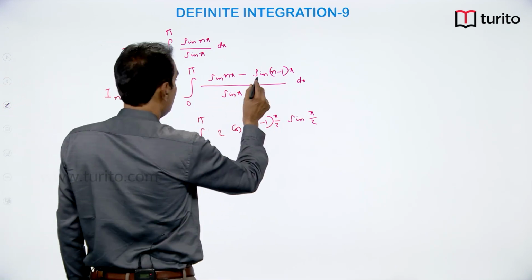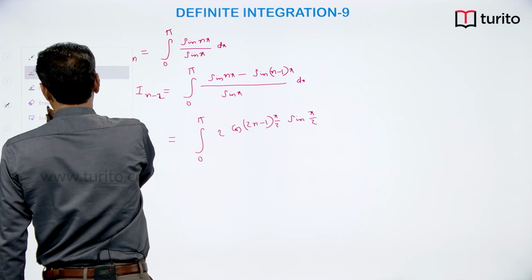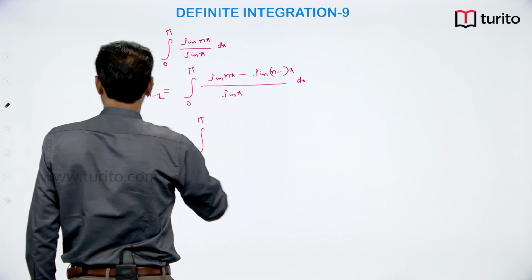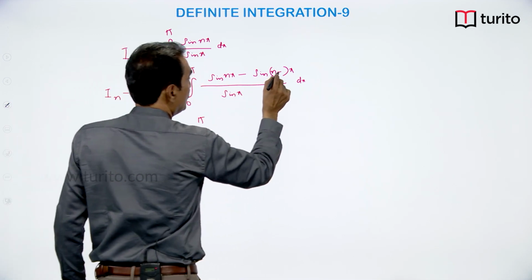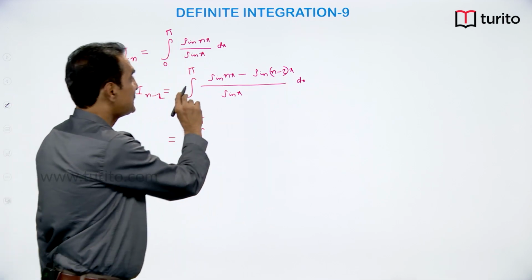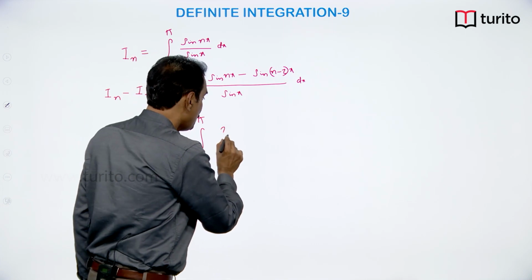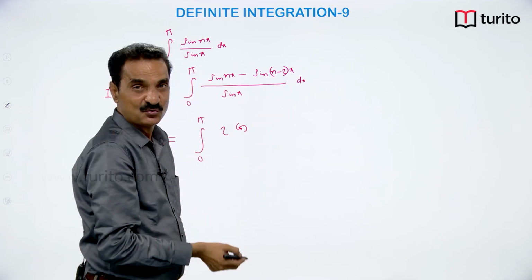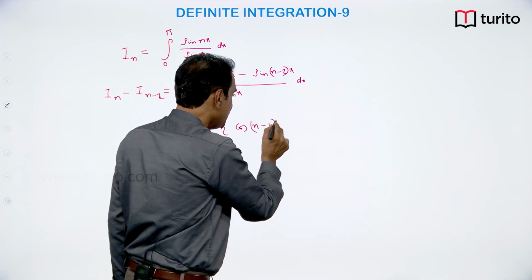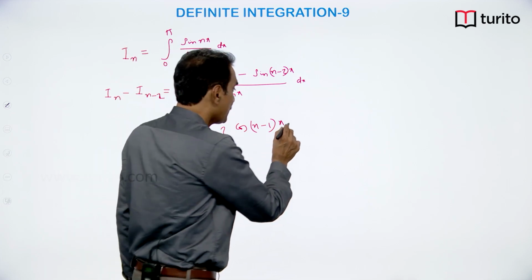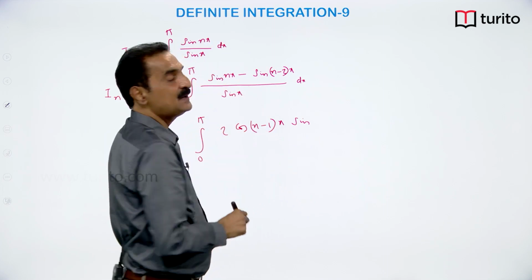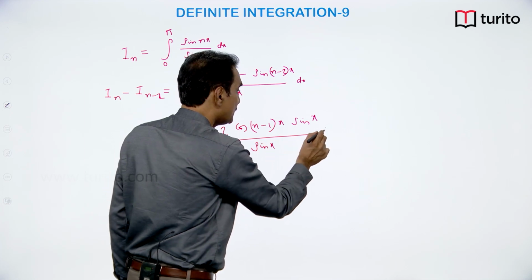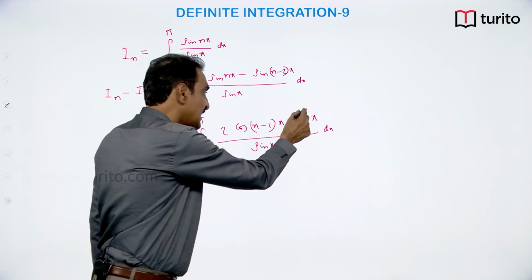Then sin c minus sin d is 2 cos (c plus d) by 2, which will be n plus n minus 2, that is 2n minus 2 by 2, which is (n minus 1) x, into sin (c minus d) by 2, which is x by 2, over sin x. Now see, sin x cancels.